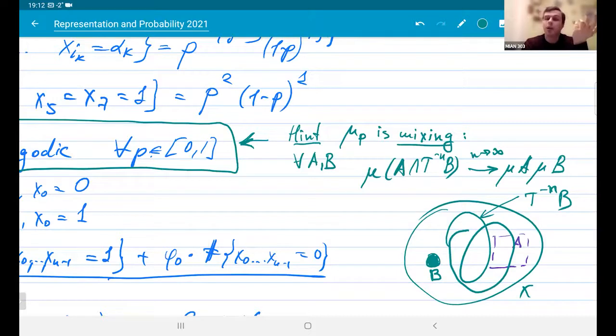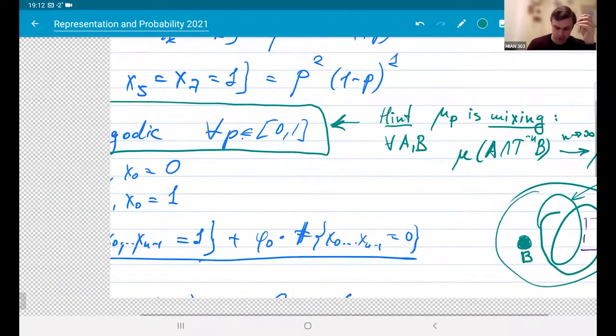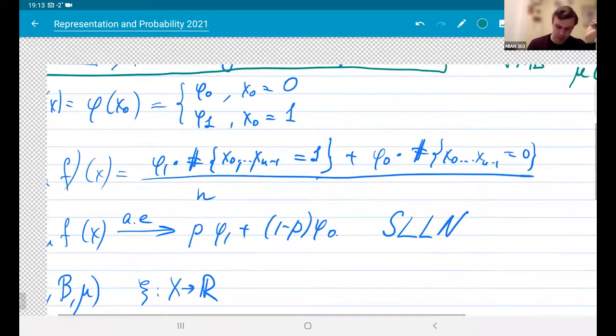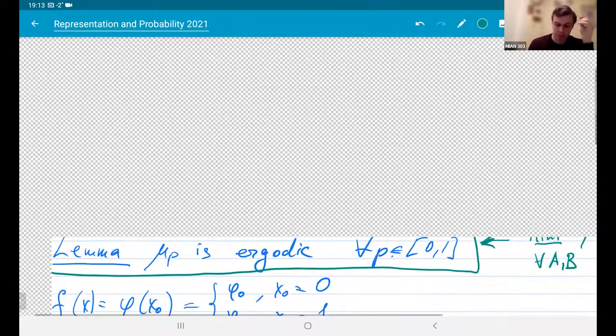So this is the first step: try to prove that if for some measure you have mixing, then you have ergodicity. And the second step is to prove mixing, but this can be done as follows. Every measurable set can be approximated by a cylinder, or by a union of cylinders, by a set of this form.